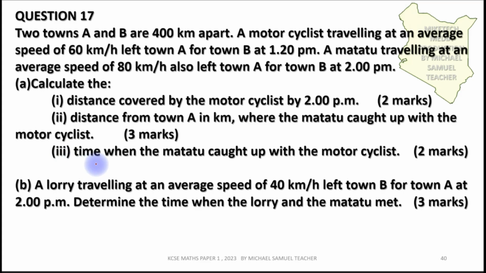And Roman 3, time when the matatu caught up with the motorcyclist. And part B of question 17, a lorry traveling at an average speed of 40 km per hour left town B for town A at 2 p.m. Determine the time when the lorry and the matatu met.